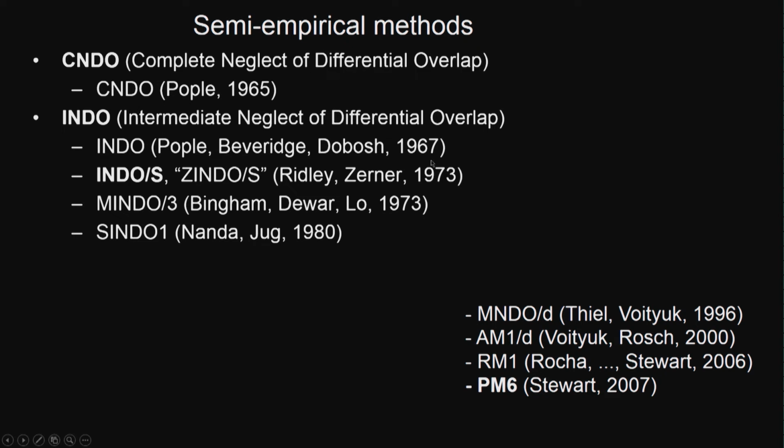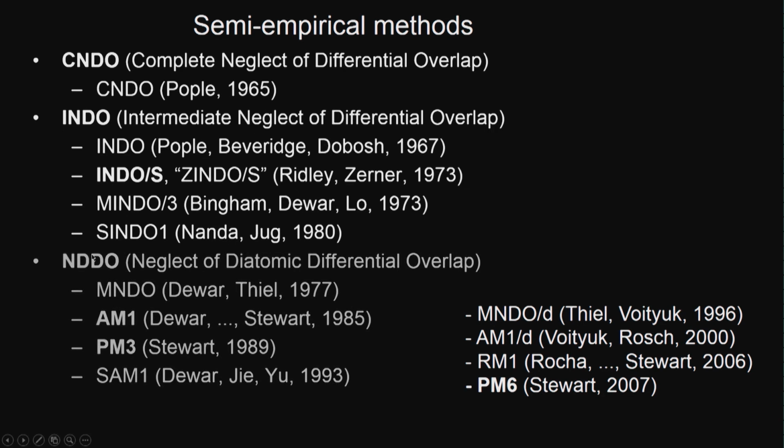As you can see, 67, then came 73, 1980. As time goes, improvements on these methods were developed, but the earliest is CNDO, that is 65. Then came NDDO, neglect of diatomic differential overlap, then MNDO, AM1, PM3, SAM1.